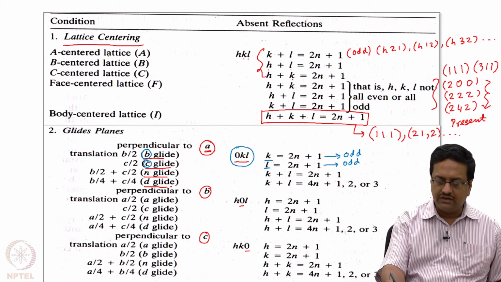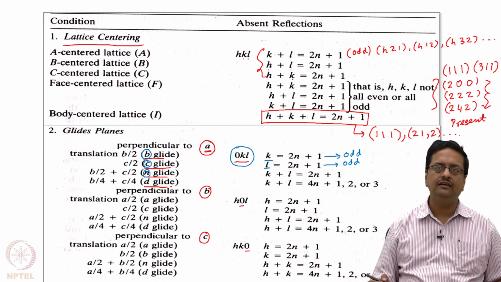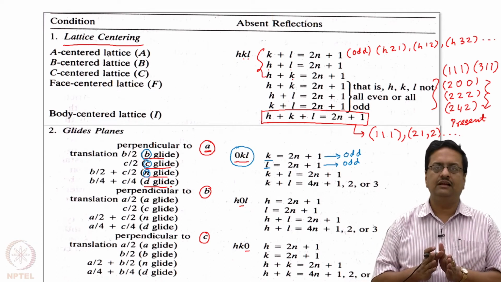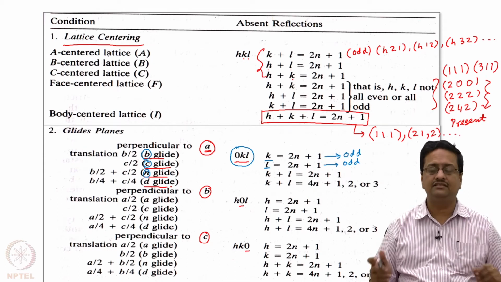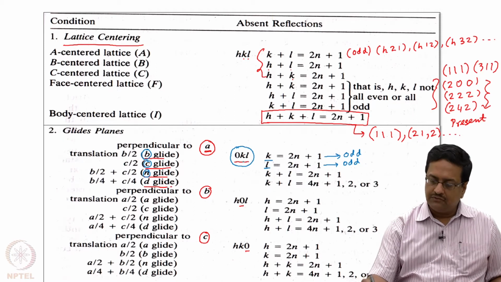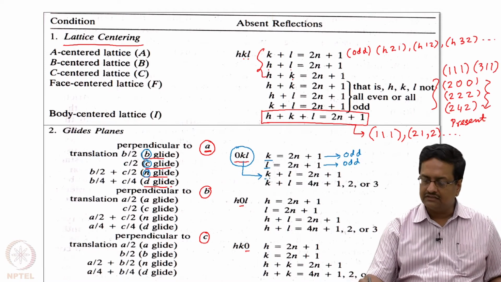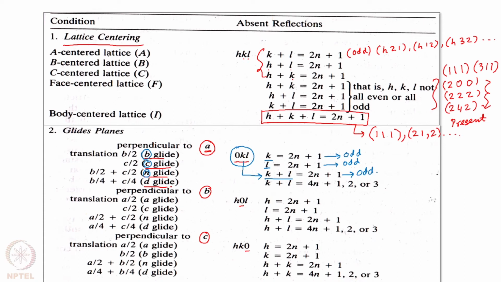In the same manner, when we say it is an N glide perpendicular to A, that means the translation happens simultaneously along B and C. So, in that case, the sum of the indices K plus L is going to be odd, and those reflections are going to be absent. What does it mean?